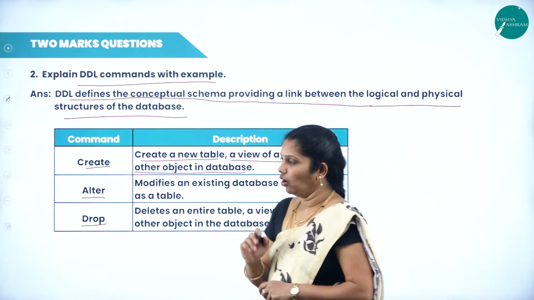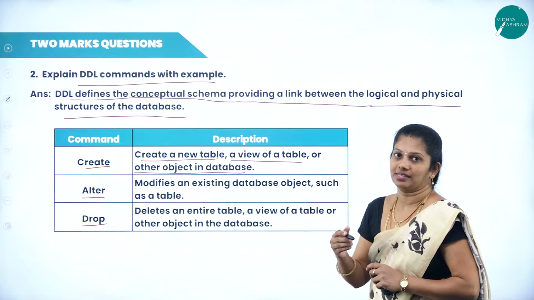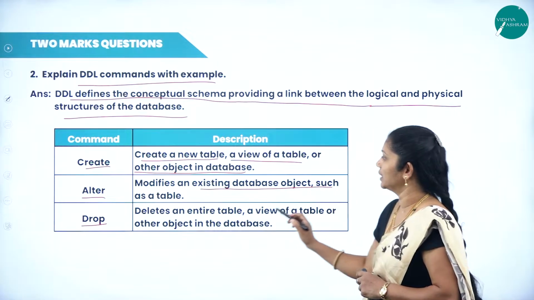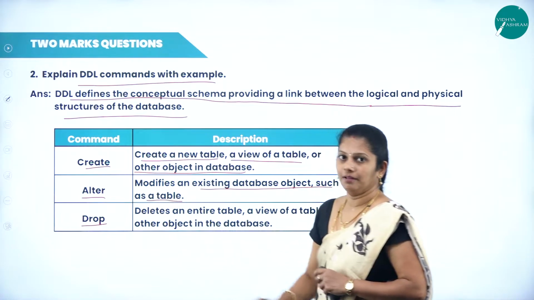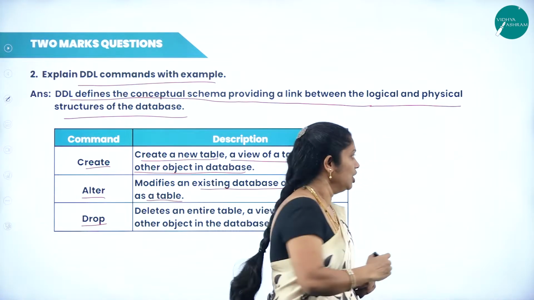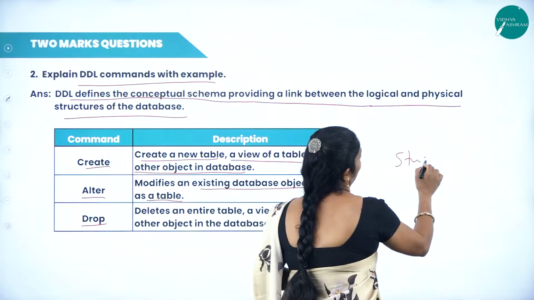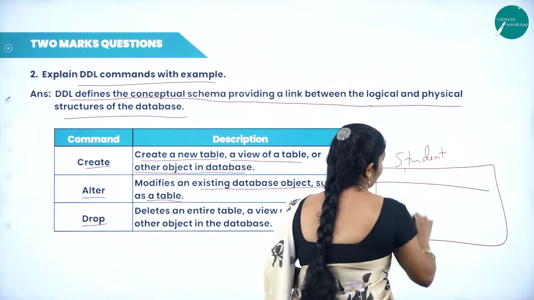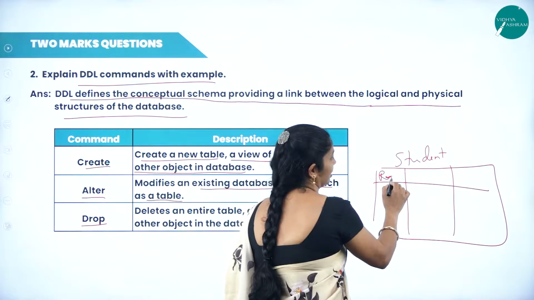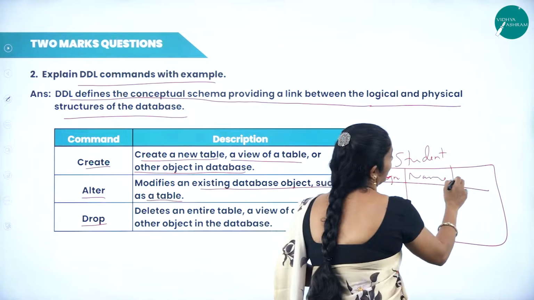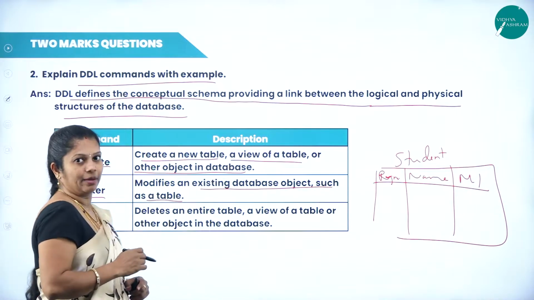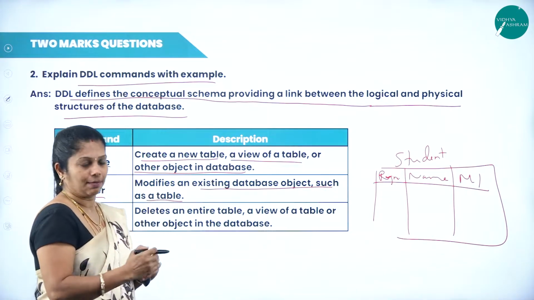And when they come to alter command, it modifies the existing database objects such as table. Consider we have the student table. By using this, we are able to create the table, for example register number, name as well as marks 1. Then whereas create command helps to create the empty table with which are the headings, which are the subheadings.